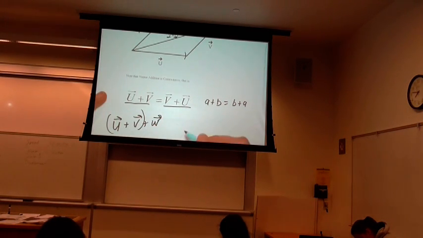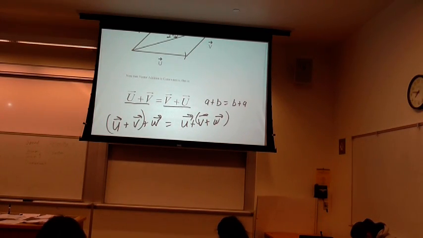So we could add U and V, but we also could add V and W first, and then add U, and we would find that they're the same. Vectors have this other property, which everyone learned in high school. This is the associative property, right? Numbers have this property too.